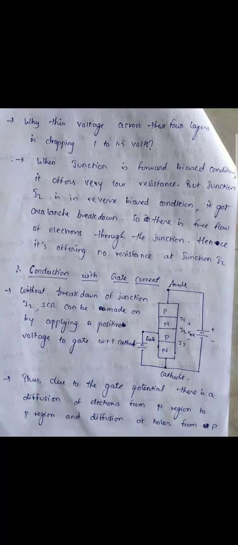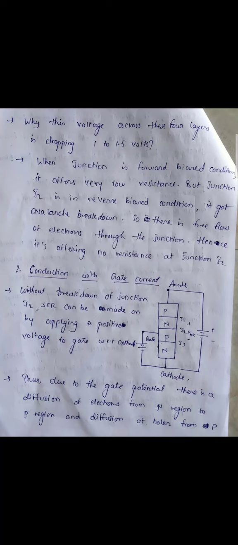Without breakdown of junction J2, the SCR can be turned on by applying a positive voltage to the gate with respect to the cathode. So the positive terminal of the battery is connected to the p-type, and the negative terminal is connected to the cathode.